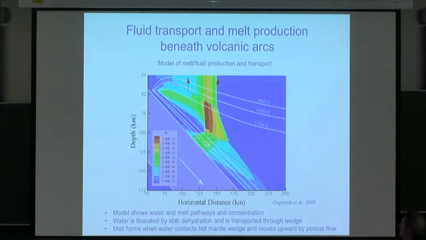That water moves by porous flow, and in this model forms melt in the hot part of the mantle wedge, and then the melt moves by porous flow upward to the arc.